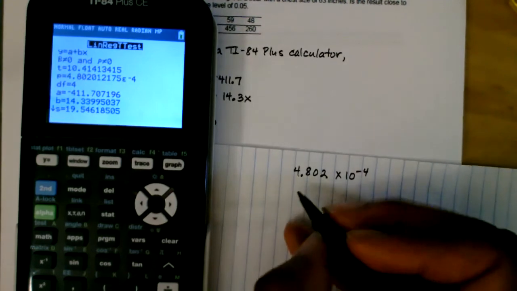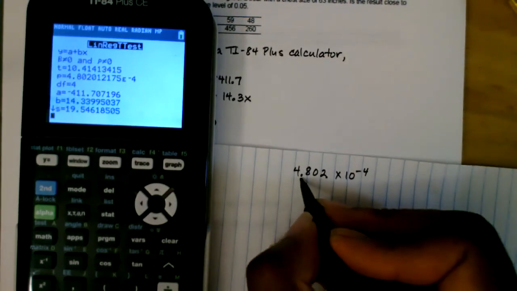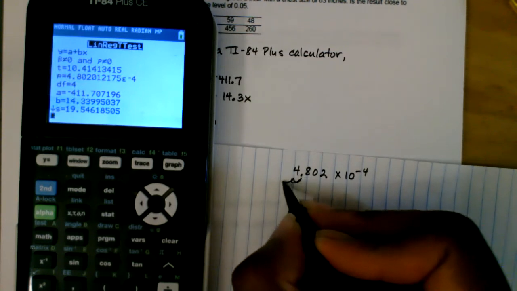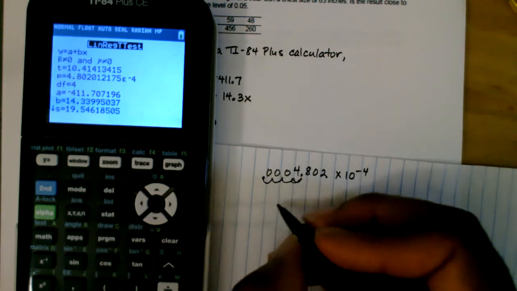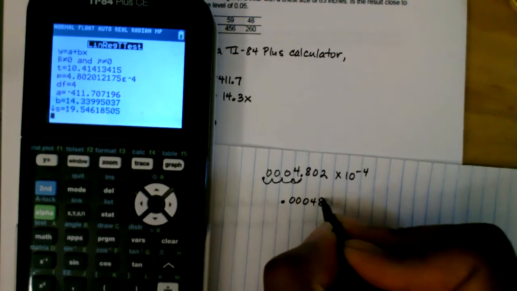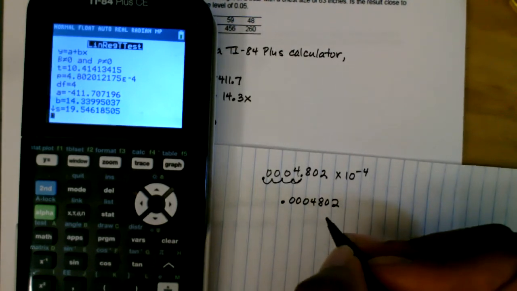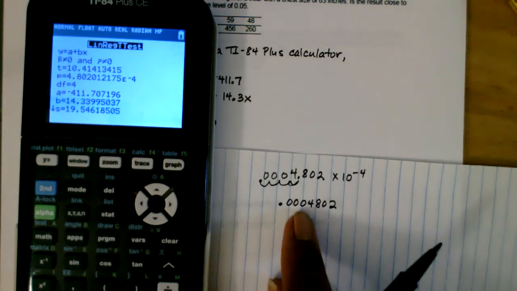I'll say 4.802 times 10 to the negative 4. To write it in standard notation, I need to move this decimal point 4 places to the left because it's negative 4. So it'll be 1, 2, 3, 4, and I need 3 zeros in front of that. That's going to be 0.0004802. But this is all I need because I'm going to round to 3 decimal places.